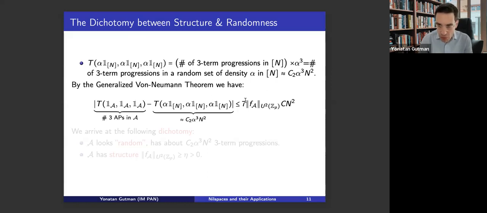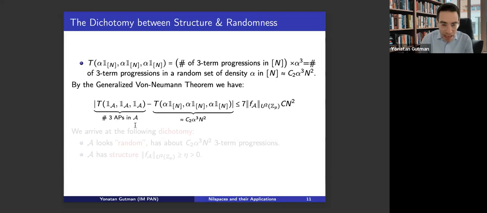Also, I remind you that we work in Z_P, where P is Cn for some C. But the gist of this is that the number of APs in A minus this expression, which is actually counting the number of three-term progressions in N times alpha to the third, which you can also show is the number of three-term progressions in a random set of density alpha, is of the order alpha cubed N squared.